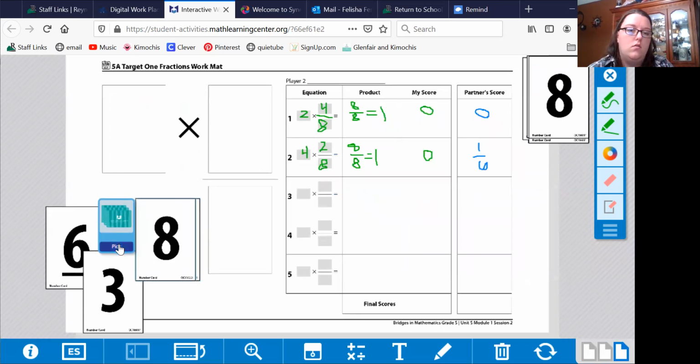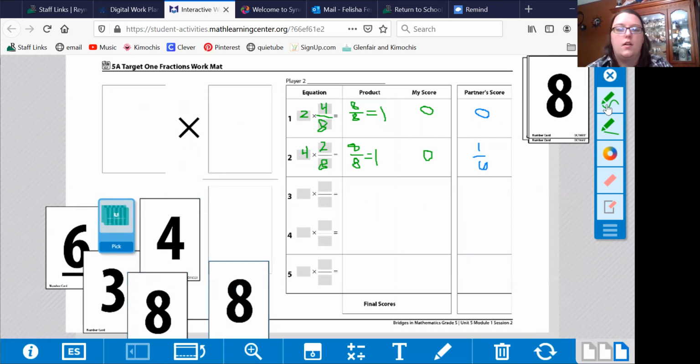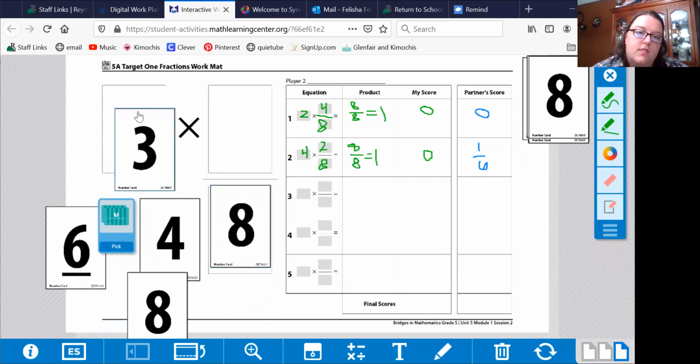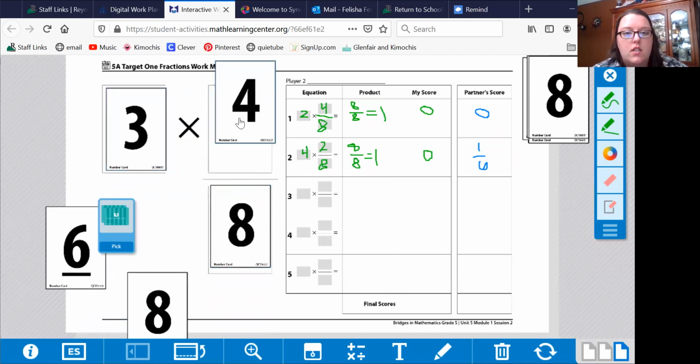And 1, 2, 3. Ooh, not so lucky this time. What are we gonna do here? Well, I think I'm gonna have to take my biggest denominator and make it the smallest one I can.